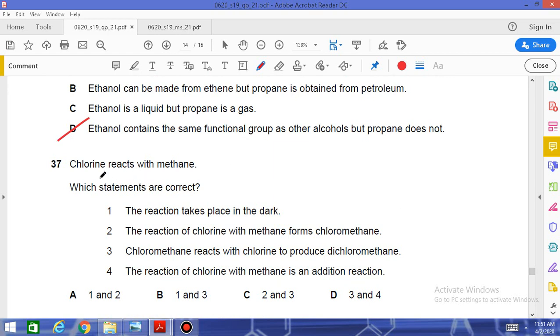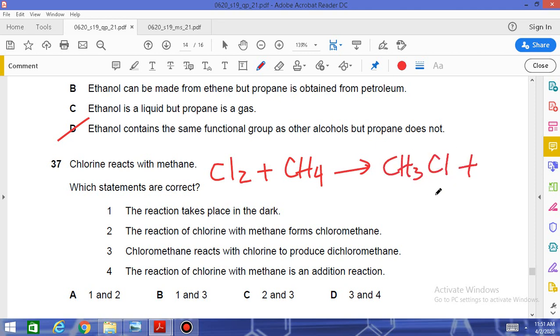37. Chlorine reacts with methane. This is a substitution reaction. CH3Cl and HCl are produced. Which statements are correct? The reaction takes place in the dark. No, it's not correct because UV light is required.